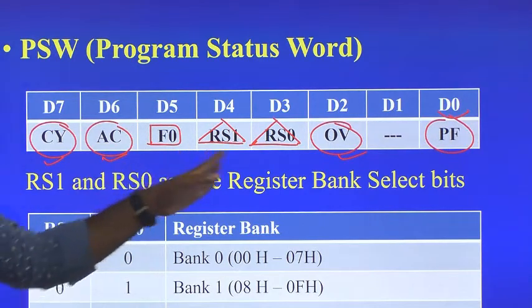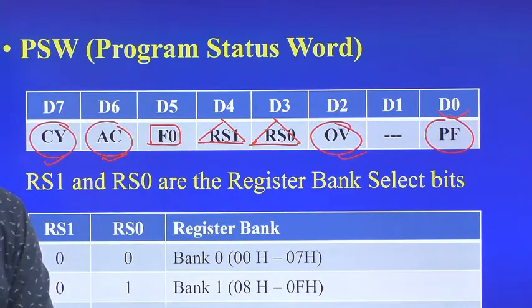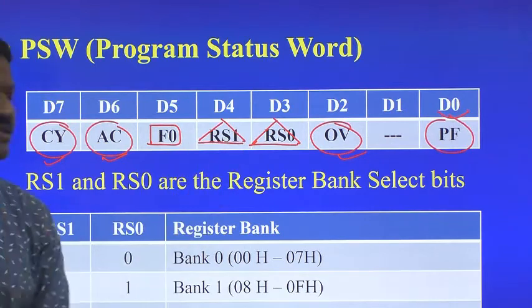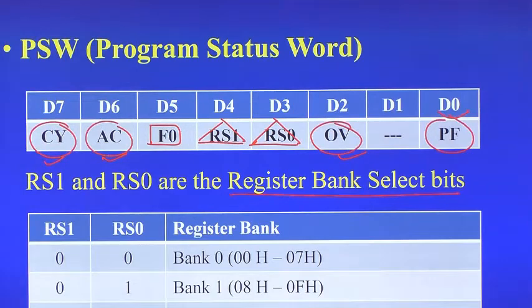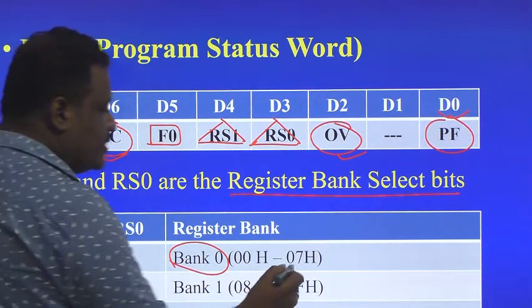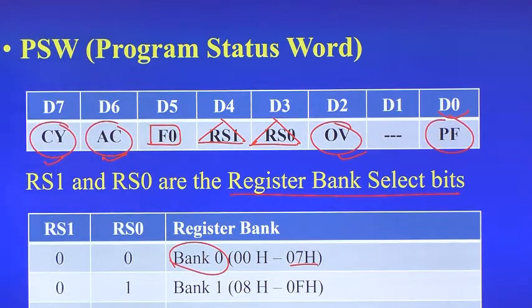And next, RS1 and RS0. These two we can call register bank selection bits. So see here, RS1 and RS0. There are 4 combinations: 00 case, 01 case, 10 case, 11 case. In the 00 case, we are selecting register bank 0, whose address is from 00H to 07H.